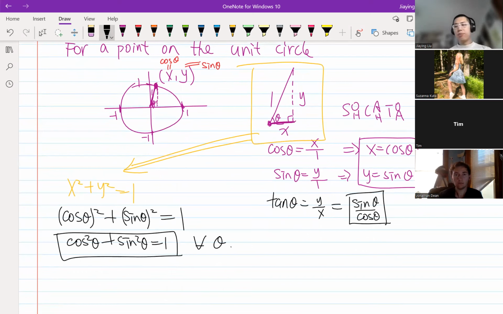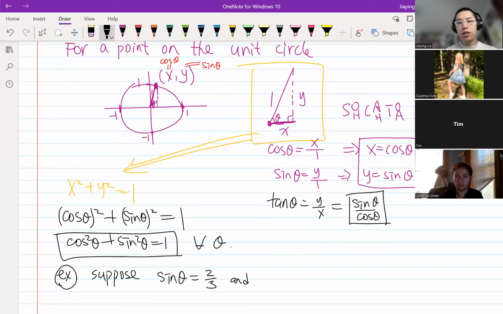This identity could be useful sometimes to help us find some of the trig ratios, for example. Suppose we don't know what the angle is, but we know that sine theta equals 2/3, and the angle is between pi/2 and pi radians.